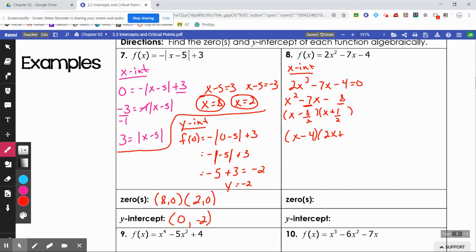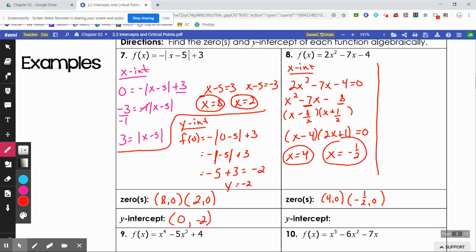That'd be a 2x plus 1, and we set it back equal to 0 now. Solve each, and you get x equals 4. And x equals, subtract 1 divided by 2, you get negative 1/2. So my two x-intercepts are located at (4, 0) and (negative 1/2, 0).